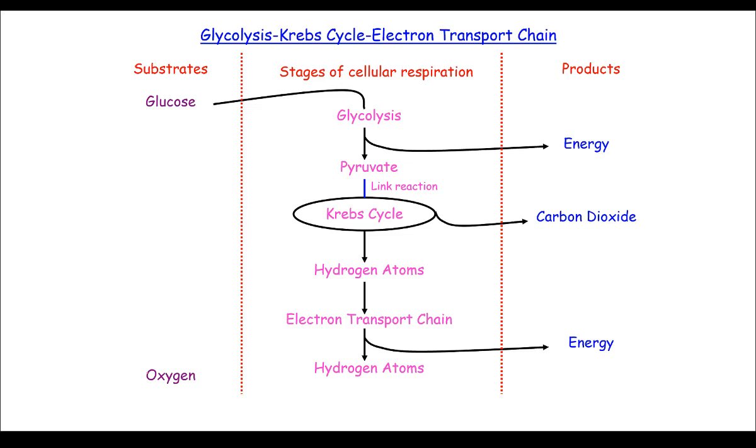And then the hydrogen atoms, instead of just floating about in the cell, the oxygen comes along, picks them up, and produces water. And that's the process of respiration, which is definitely not as neat and tidy as that little equation was. But the 4 steps that we're going to look at are glycolysis, link reaction, Krebs cycle, and the electron transport chain. Now, the next wee video is going to start to look at those.